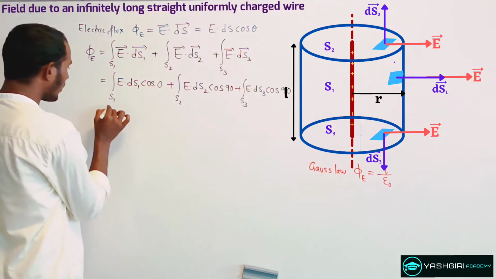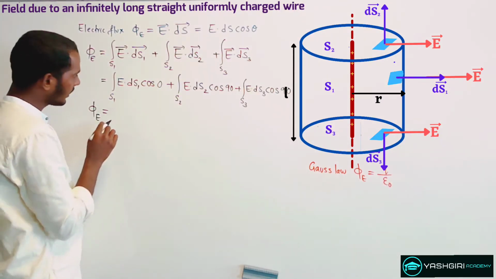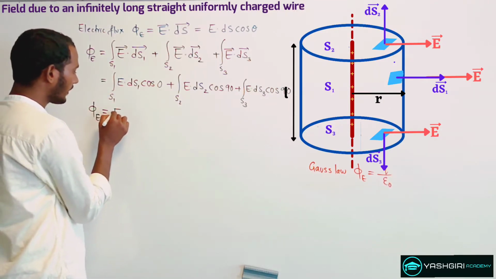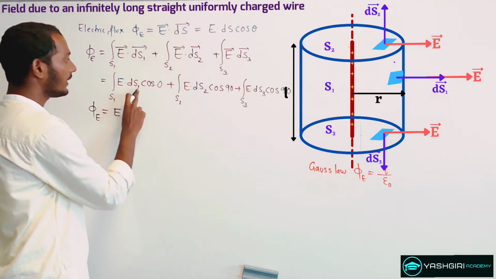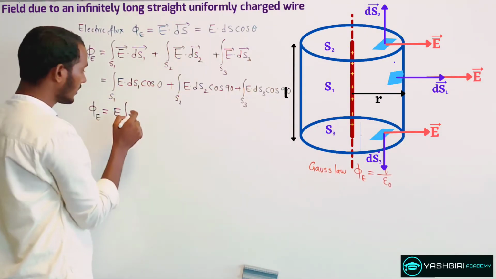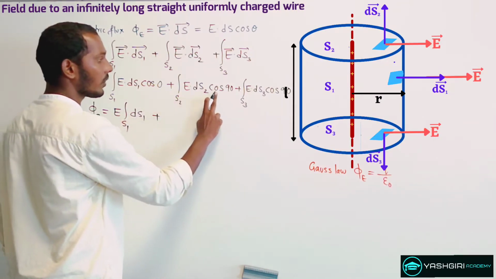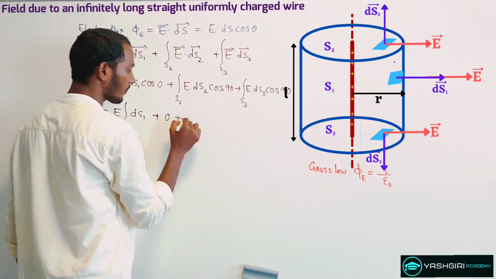So when you solve this, phi of E will be equal to, since E is constant, I take it out, E times the integral over S1 of dS1 cos 0. Cos of 0 is how much? 1, so this is dS1. In the same way, cos of 90 is how much? 0, so both of those terms will go to 0.